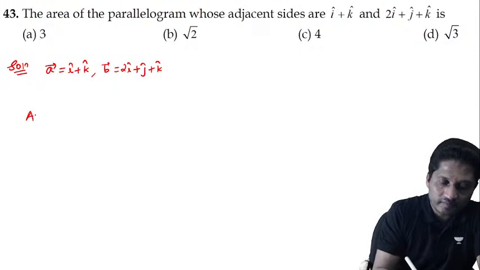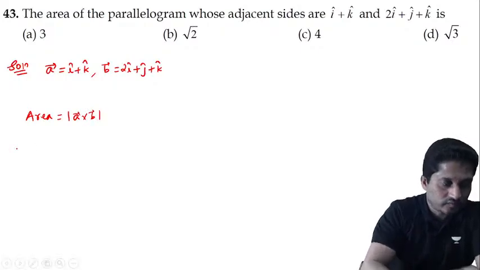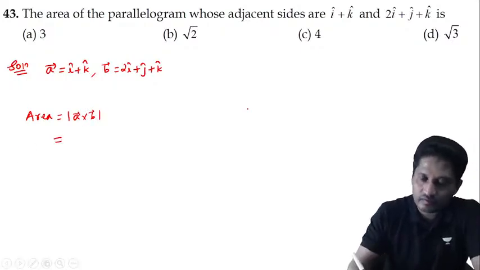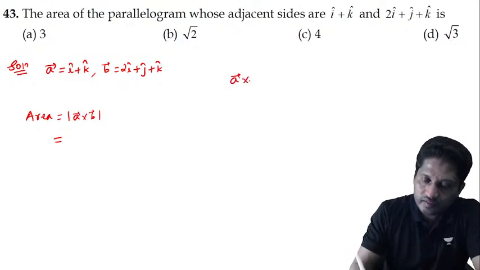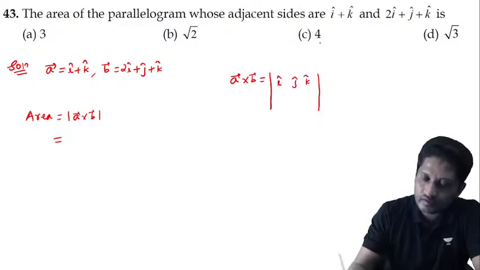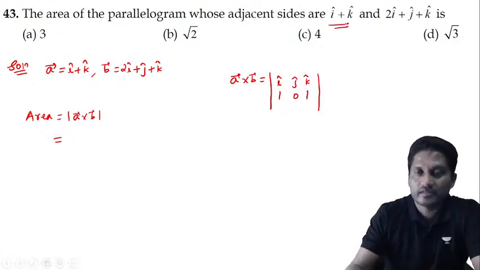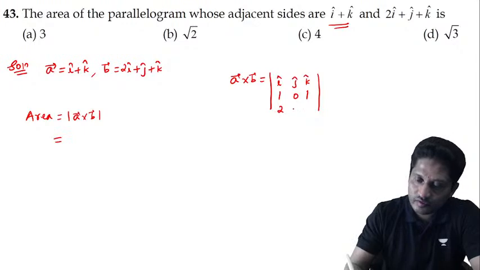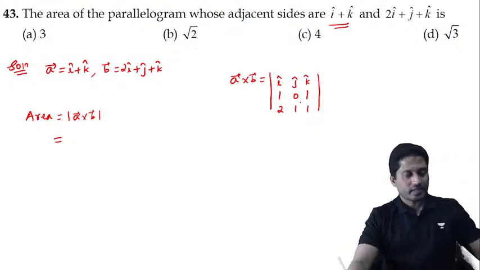Area of a parallelogram is equal to modulus of A cross B. A cross B is always a determinant. Components of i, j, k, components of A are 1, 0 and 1 because there is no j here, and components of B will be 2, 1, 1. Let's expand this determinant.